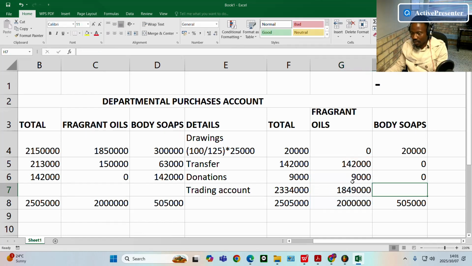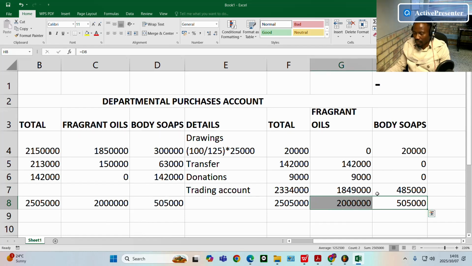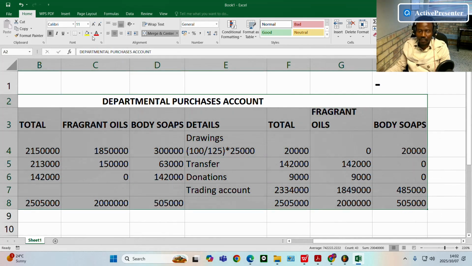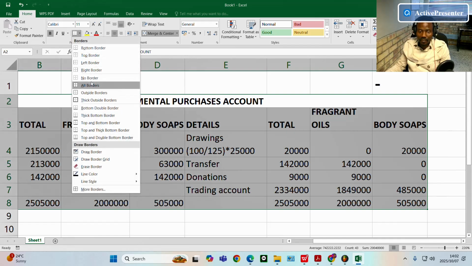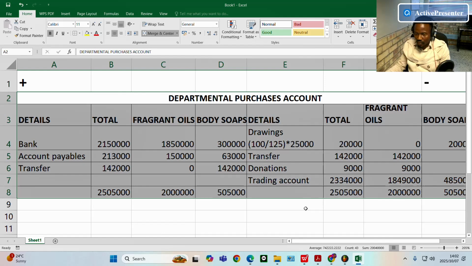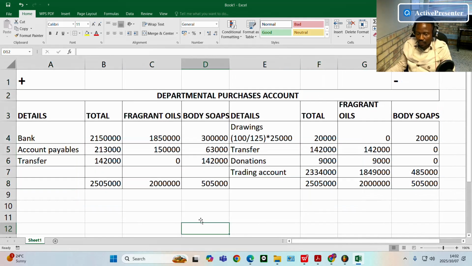Same here, I'll be taking this minus that. Seems like everything is good. So this is my purchases account. This is how it looks.